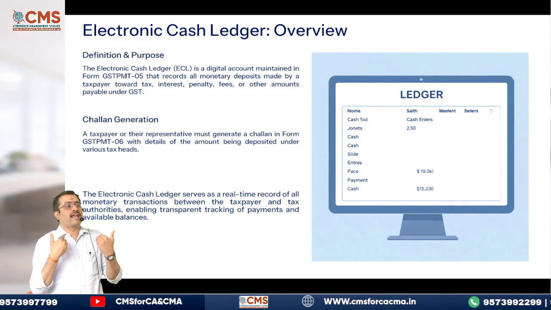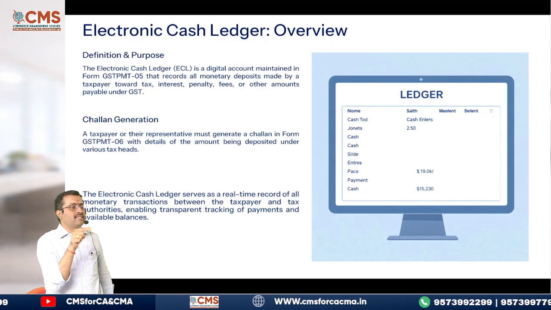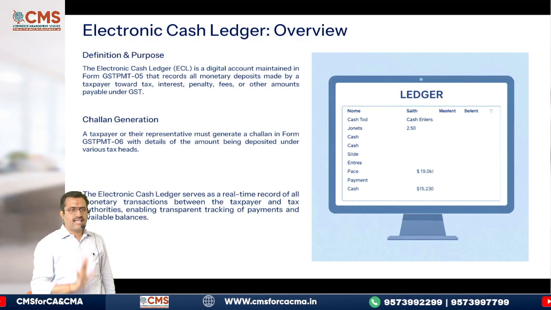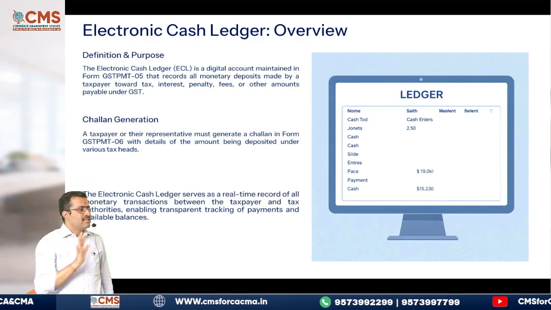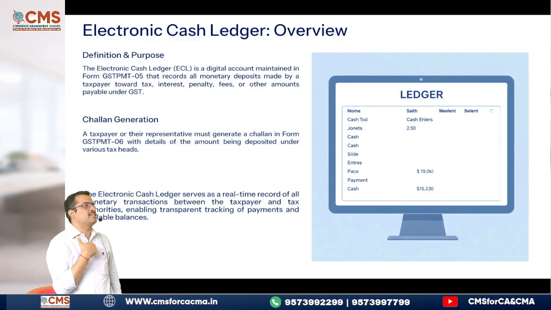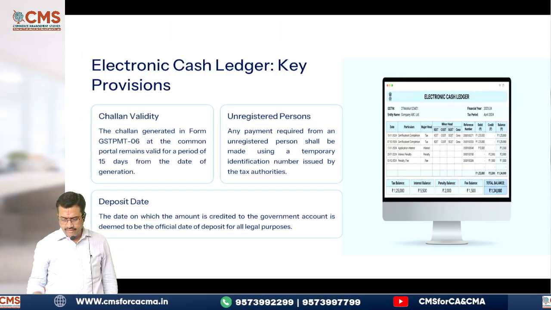I have to raise a query, a request, using GST PMT 07. So 5, 6, 7. 5 is the electronic cash ledger. 6 is the challan. 7 is the discrepancy. If any discrepancy is there, I have to raise my concern by filing GST PMT 07.